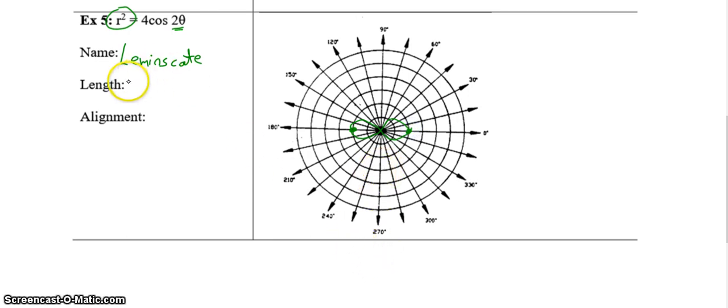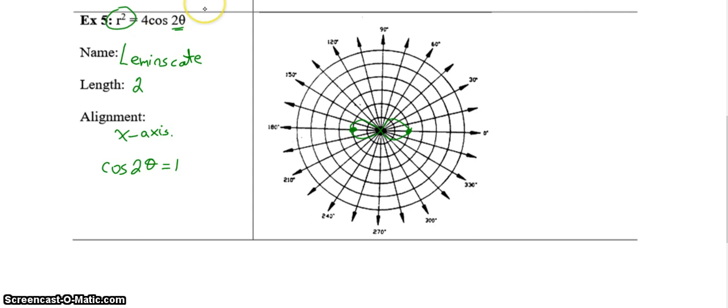So the length is 2, and the alignment was along the x-axis. Where do you think we can get 2 from for the length? So if r squared is 4, what's r? Why along the x-axis? Well, r squared is equal to 4 when the cosine of 2 theta is 1.